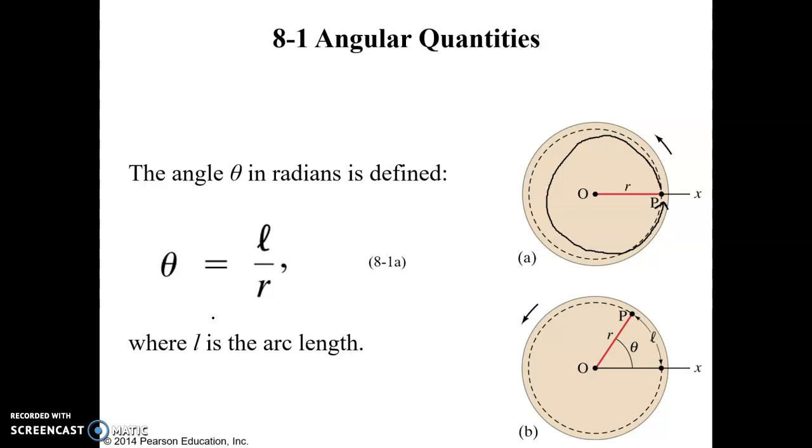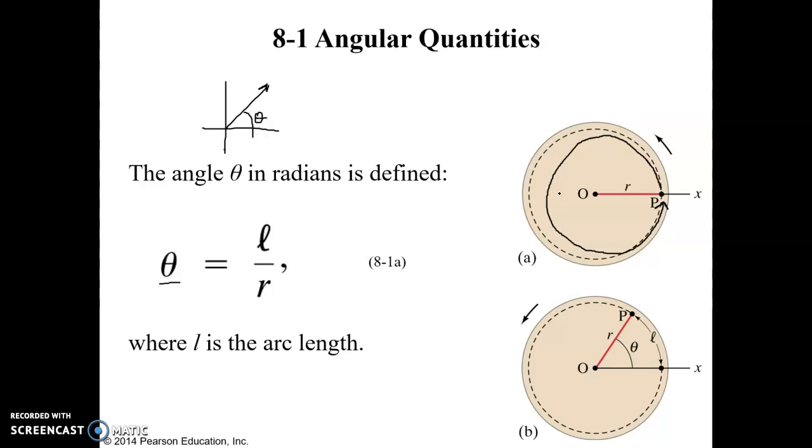So we're going to introduce some new terms, some of which, like this theta, is not really new. We're just using it maybe in a slightly new context. So we talked earlier about using theta when we were talking about vectors, describing the angle that a vector makes with the horizontal axis.